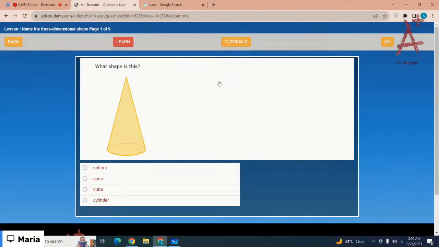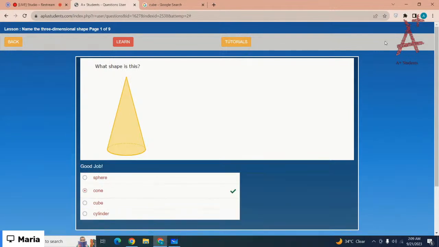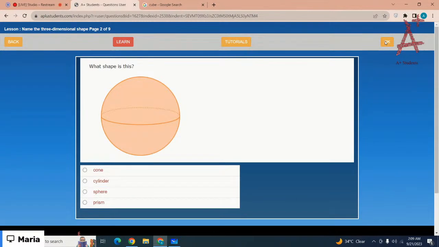So in your real life, you can use some of the three-dimensional shapes. So which shape is this? This is a cone. If you already know the answers, please write them in the chat box. That would be a cone. Okay, what shape is this? Cone, cylinder, sphere, prism. Which is the correct option?